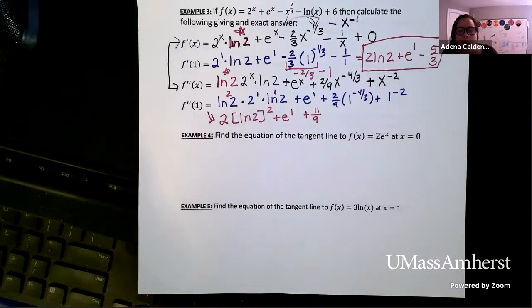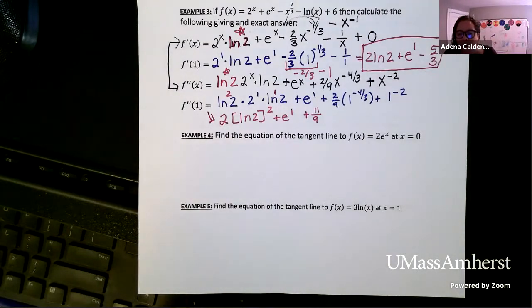So for the first one, we're trying to find the equation of the tangent line for f of x equals 2e to the x at x equals 0. And for the second one, we're looking for the equation of the tangent line to 3 times ln x at x equals 1.